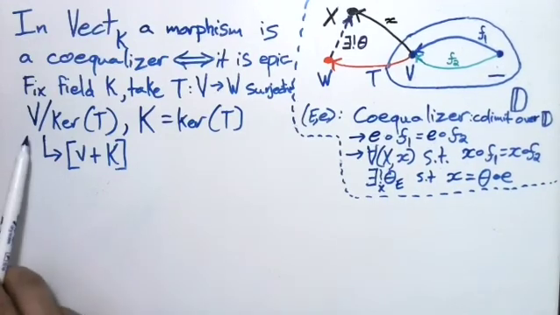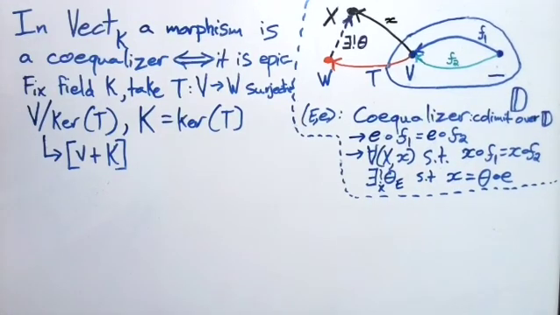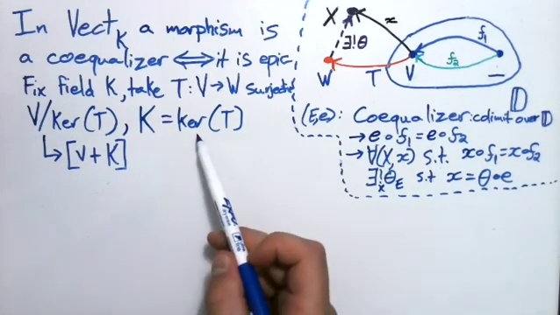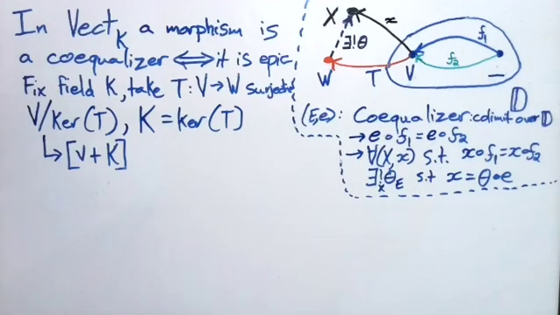So when we add elements in V or vectors in V to vectors in the kernel, we end up with a set of equivalence classes, and we can identify any vector v by just mapping it into the equivalence class that it belongs to, right? Just exactly the same way we did in set.